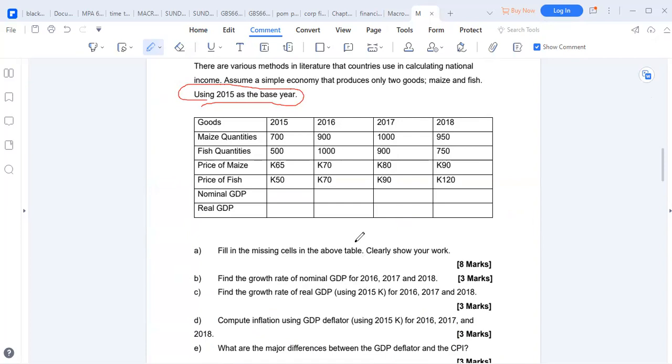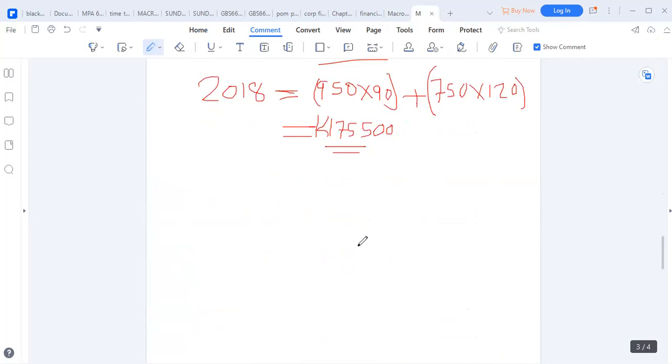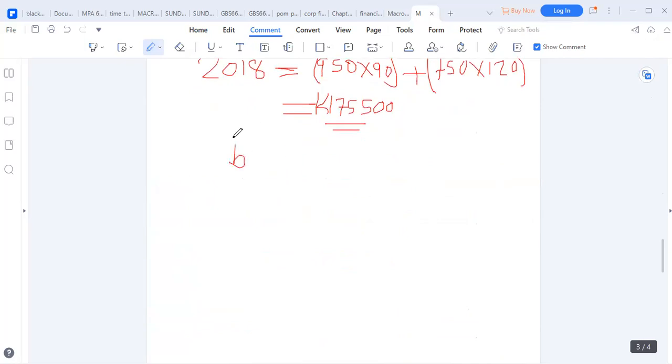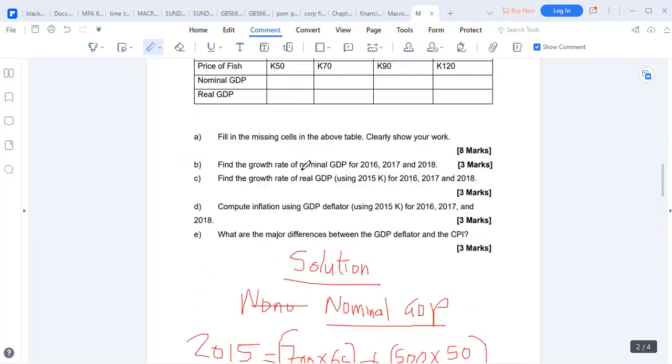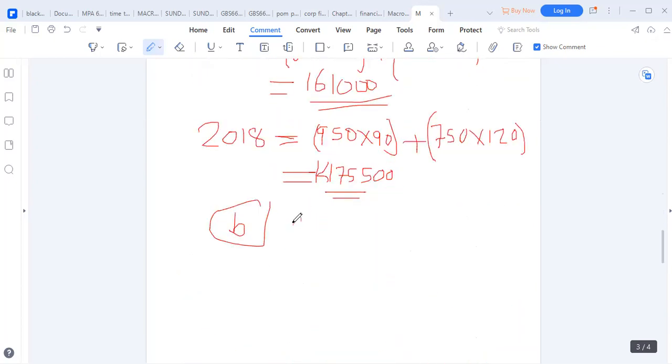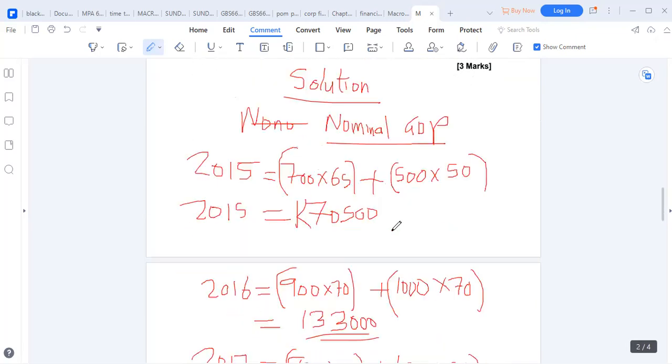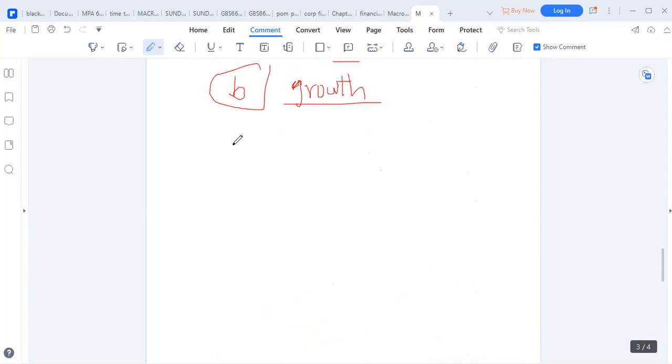So for the growth, we look at 2016. Growth for part B, or Roman numeral 2. We are finding the growth rate for 2016.